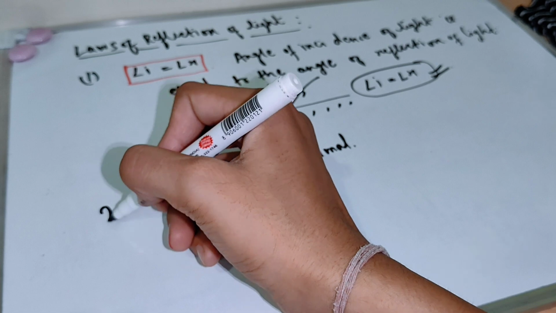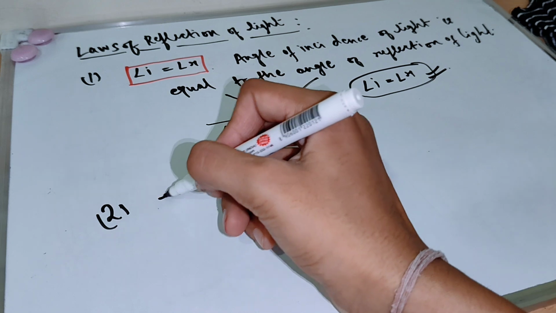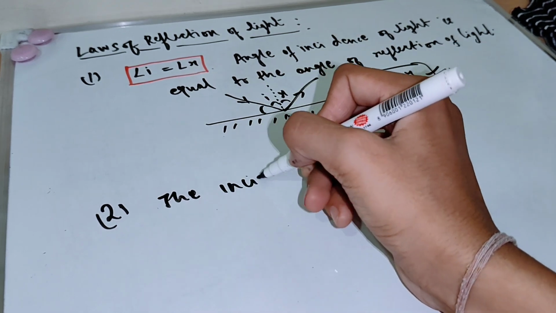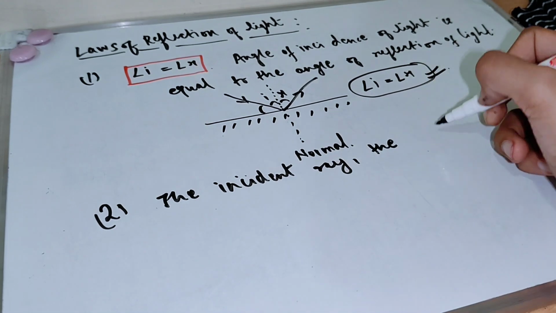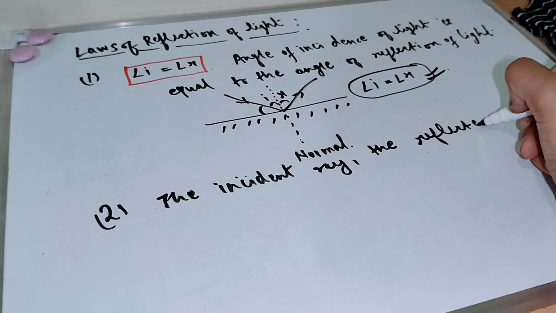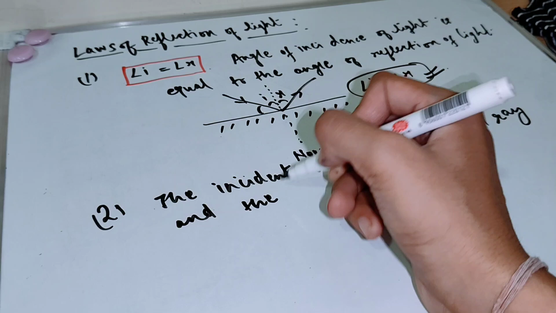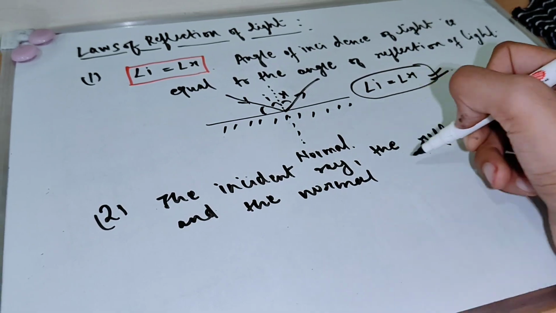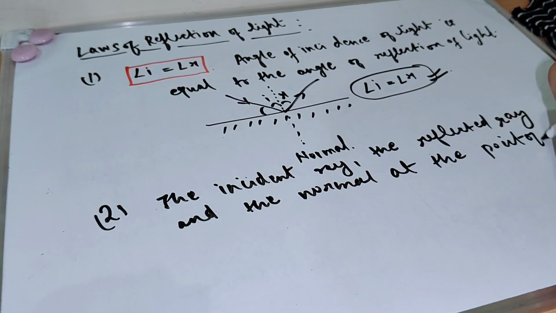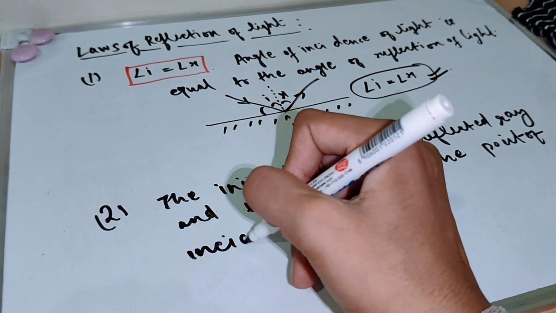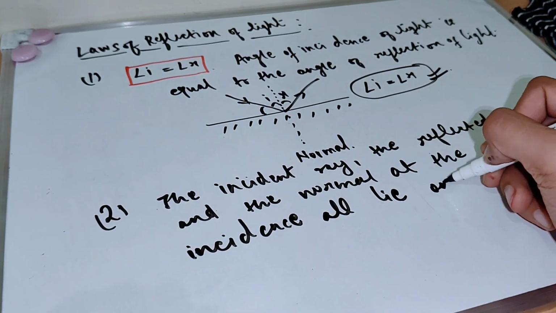Now, the second law of reflection states that the incident ray, the reflected ray and the normal at the point of incidence all lie on the same plane.